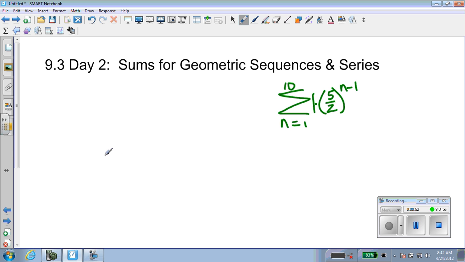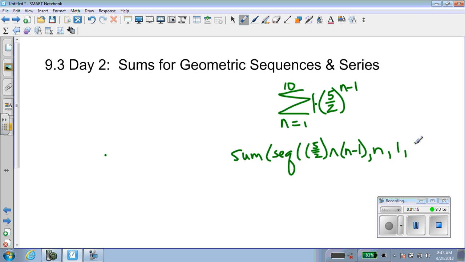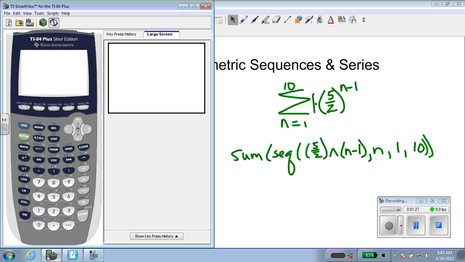So we're going to type in sum of a sequence, and then 5/2 in a parenthesis, raised to the n minus 1 power in a parenthesis, and then comma n, starting from index term 1, ending with the 10th term. And again, when you use your calculator, it could be that you're using variable x here if you're in function mode. So let's actually type that up.